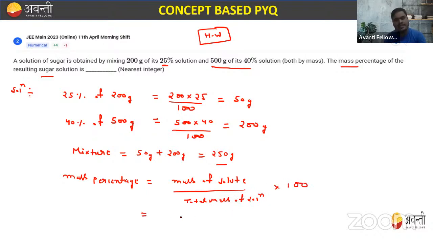Here the mass of the solute is the combined mass, 250. What is the total mass of the solution? We know 500 gram and 200 gram, that is 700. Total mass is 700, multiplied by 100. The zeros cancel out each other, so it comes to 250 divided by 7, which is around 35.71%. So this is the correct answer.